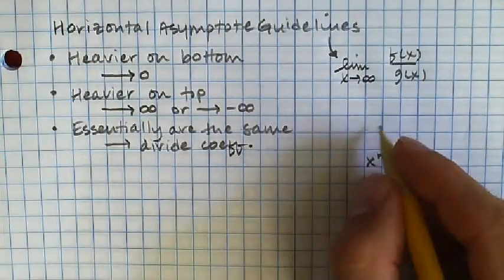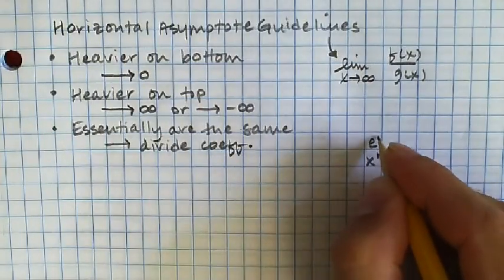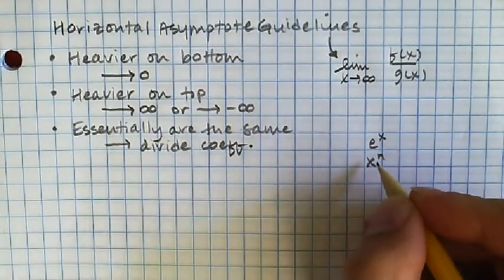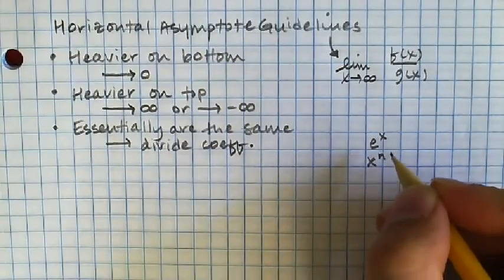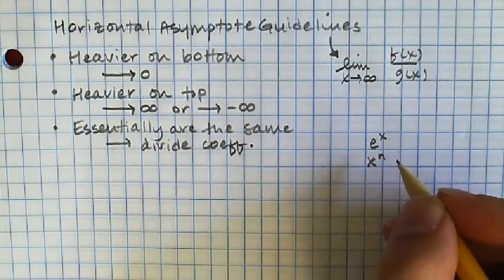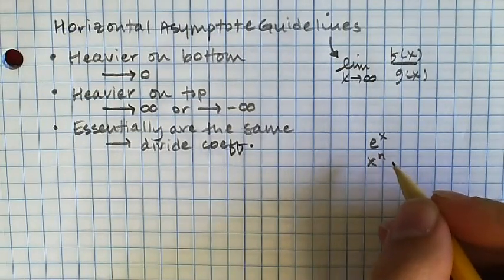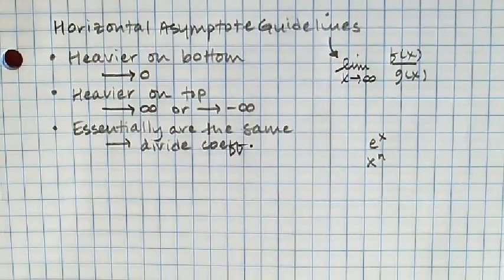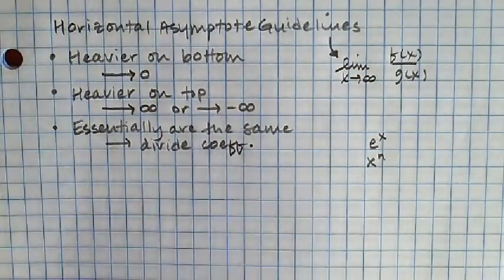So faster than any polynomial is an exponential, and it doesn't have to be e to the x. Anything bigger than 1 will grow faster, so like 1.01 to the x will grow faster than x to the 99th. Eventually, it'll take a while. You'd really have to zoom out, but eventually 1.01 to the x is going to overtake any polynomial.